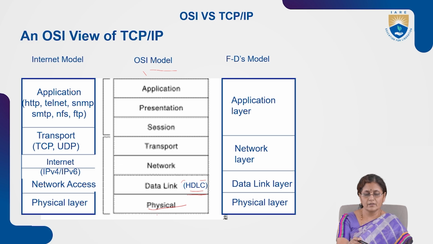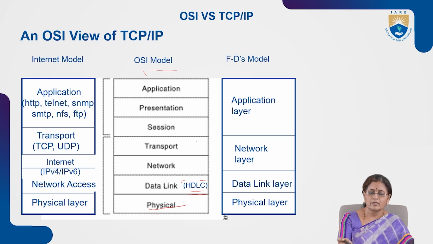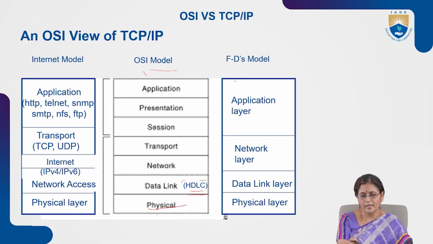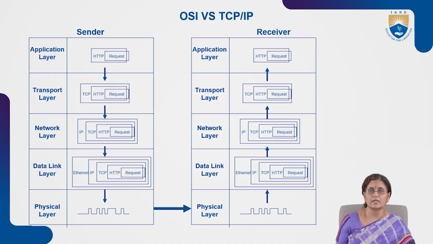The OSI model, as we have discussed, is a 7-layer approach, and another model is a 4-layer model with the physical layer, data link layer, network layer, and application layer. Different books speak of different layers.